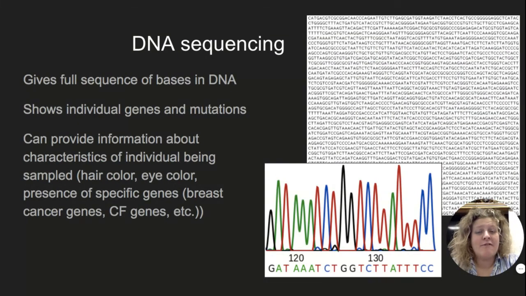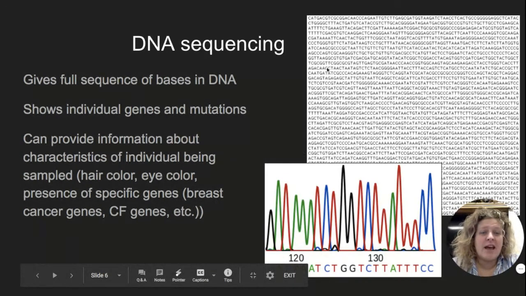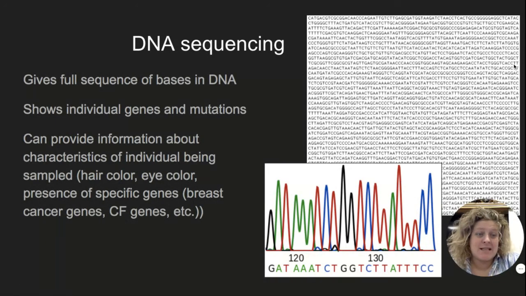That would be full DNA sequencing. In DNA sequencing, again, the DNA has to be extracted first and the sample cleaned up. Then the sample is put into a machine that actually shows every single base in the DNA sample. It shows individual genes that may be present. It shows mutations that may be present.